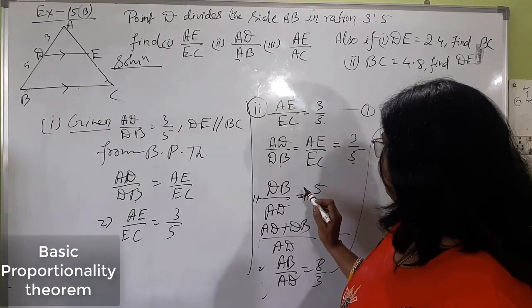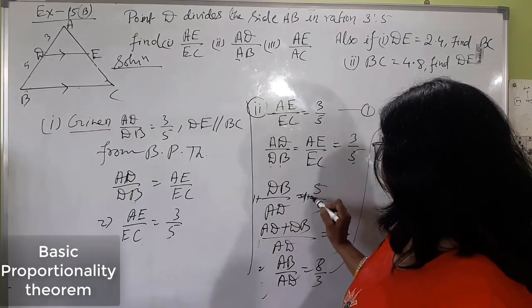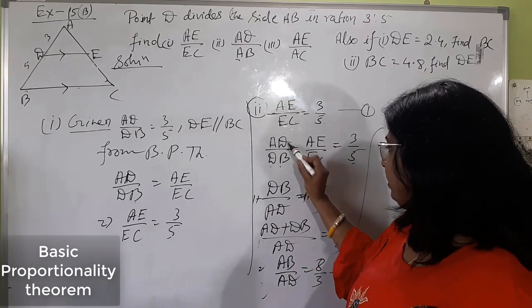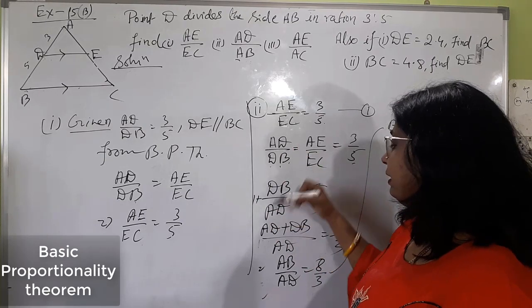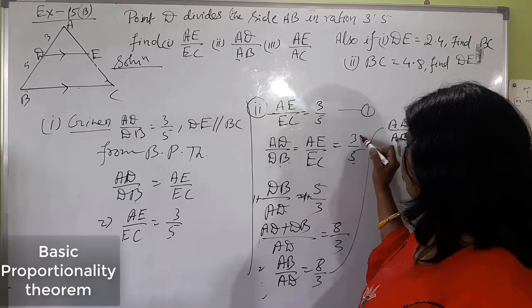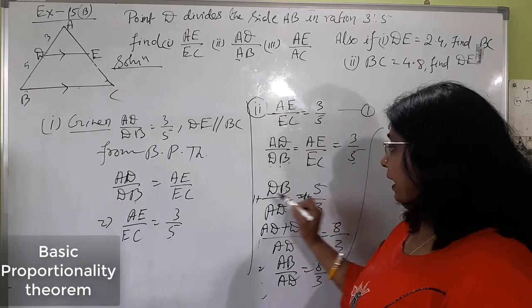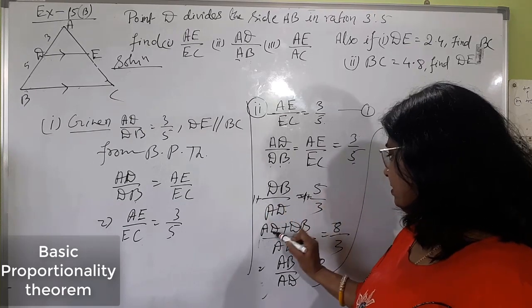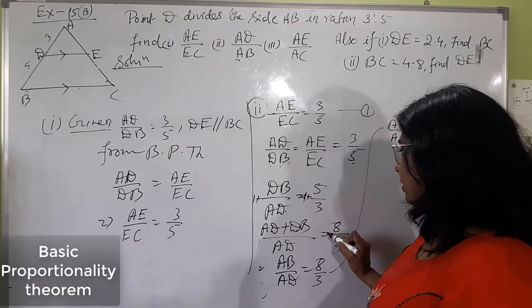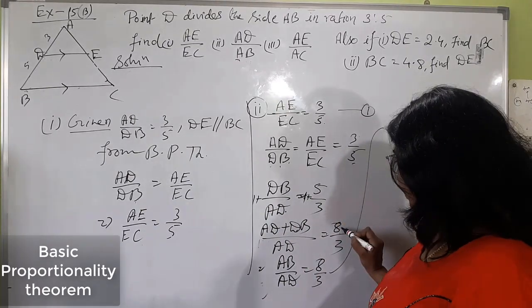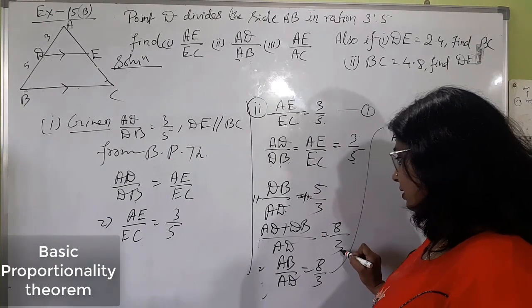Now taking the reciprocal of AD by DB, we get DB by AD, which is 5 by 3, and then adding 1 on both sides. Then AD plus DB by AD is equal to 3 plus 5, which is 8, so 8 by 3.